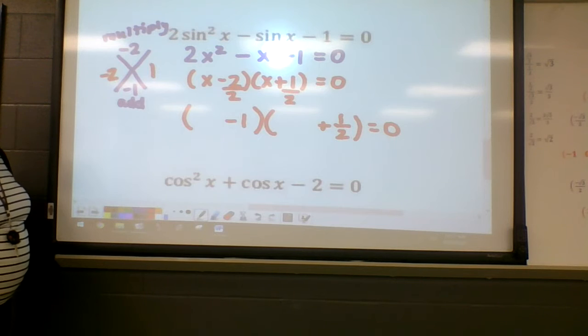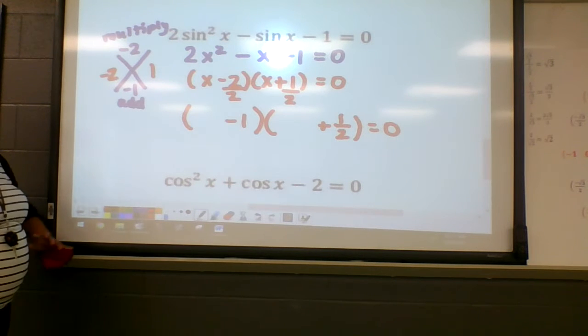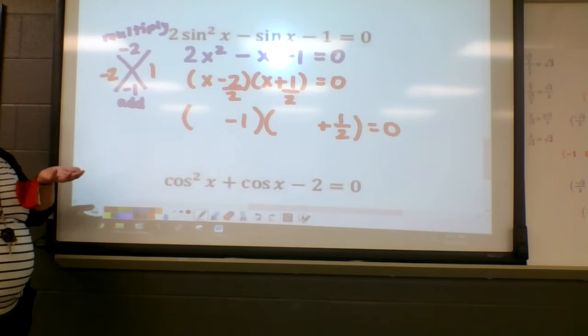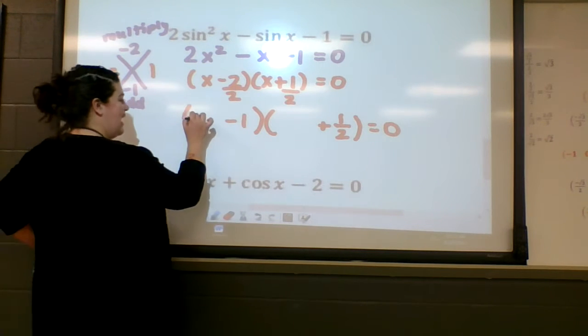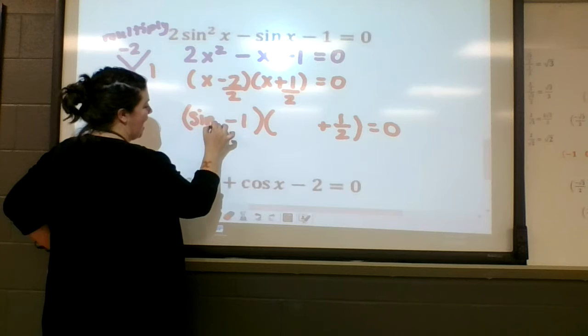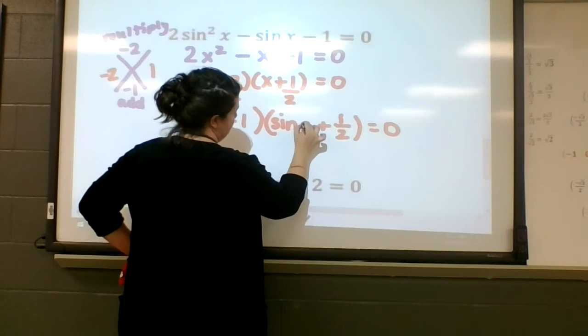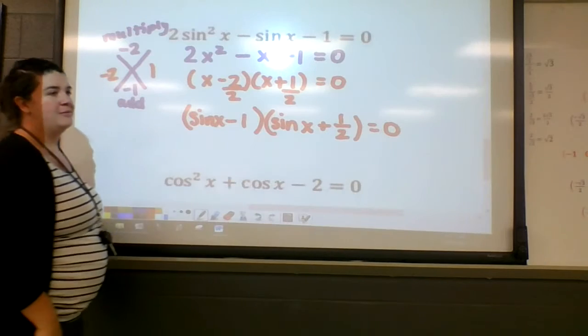Now, I didn't put my x's in at this point because remember, it's not an x. Technically, it's a sine of x. So technically, in the factors, it's sine of x minus 1 and sine of x plus a half.